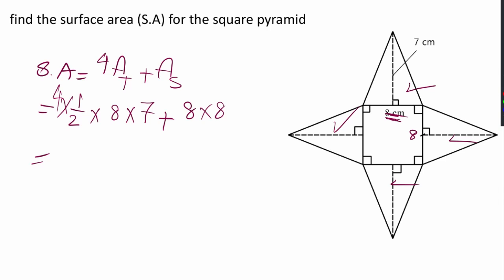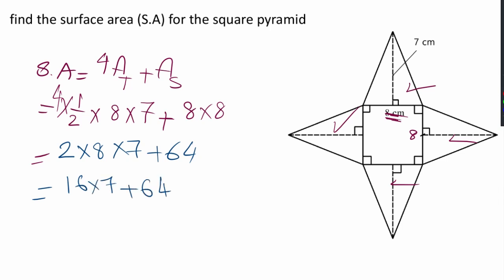Let's make our calculations. Half of 4 is 2. 2 times 8 times 7 plus 64. 8 times 8 is 64. 2 times 8 is 16. 16 times 7 plus 64. 16 times 7, 112.